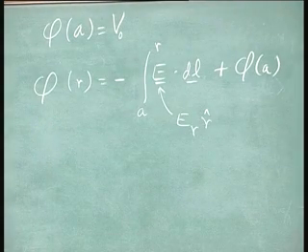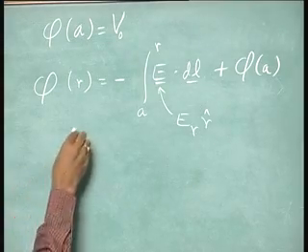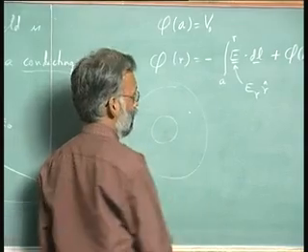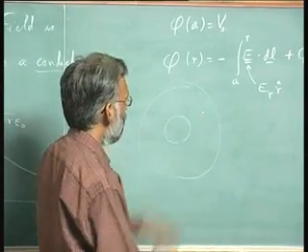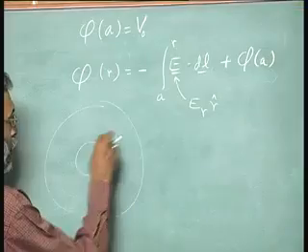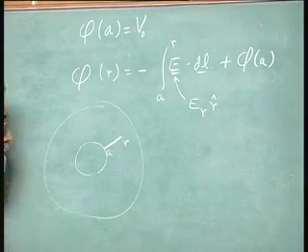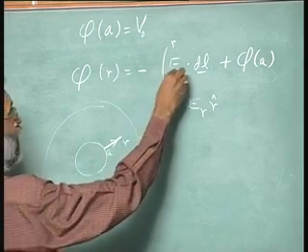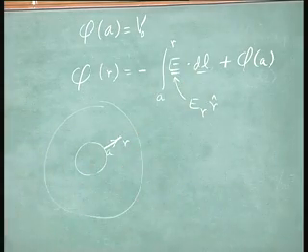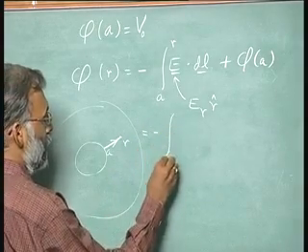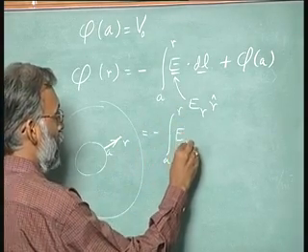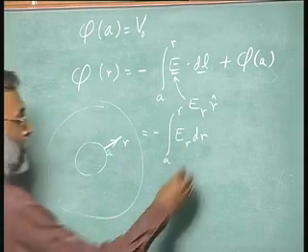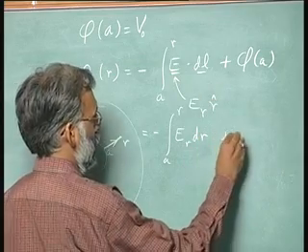So if I want the potential at any r, I can take a radial line going from A to r. And if I take this radial line, then E dot dl becomes nothing but integral A to r E_r dr plus phi of A, which is plus V naught.